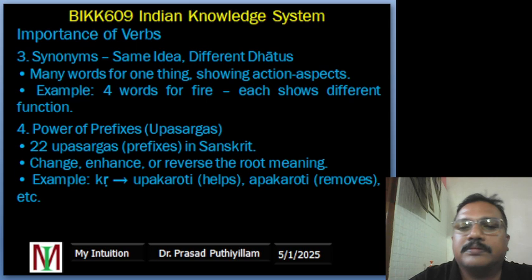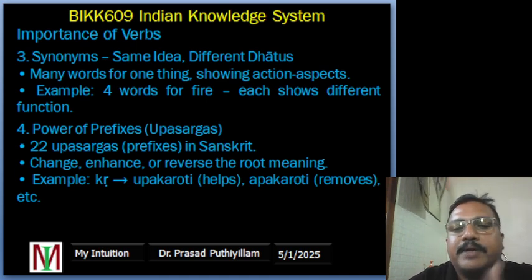Vahni is also Agni, which comes from vah, meaning carrying, vahaka, vahni, fire as a carrier in rituals. Then Pavaka. Pavaka means pure, the word comes from purify. We can treat fire as a purifier.